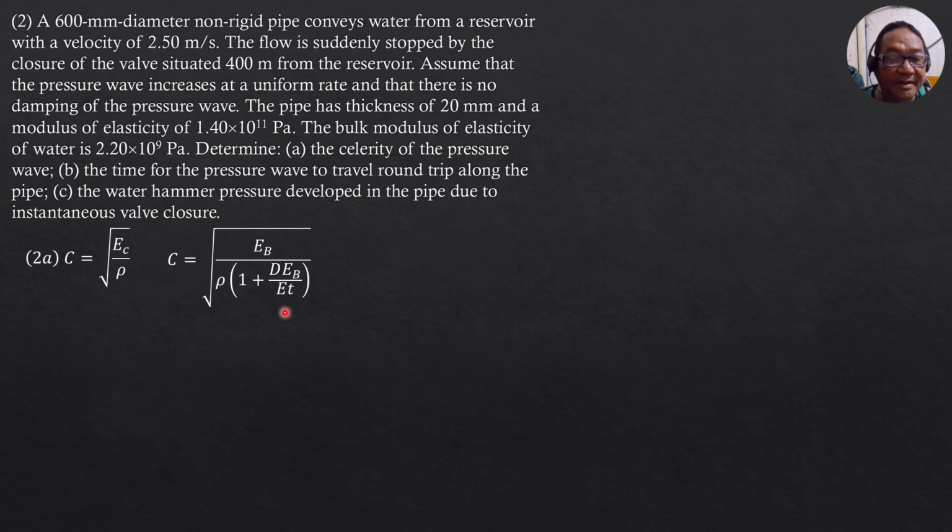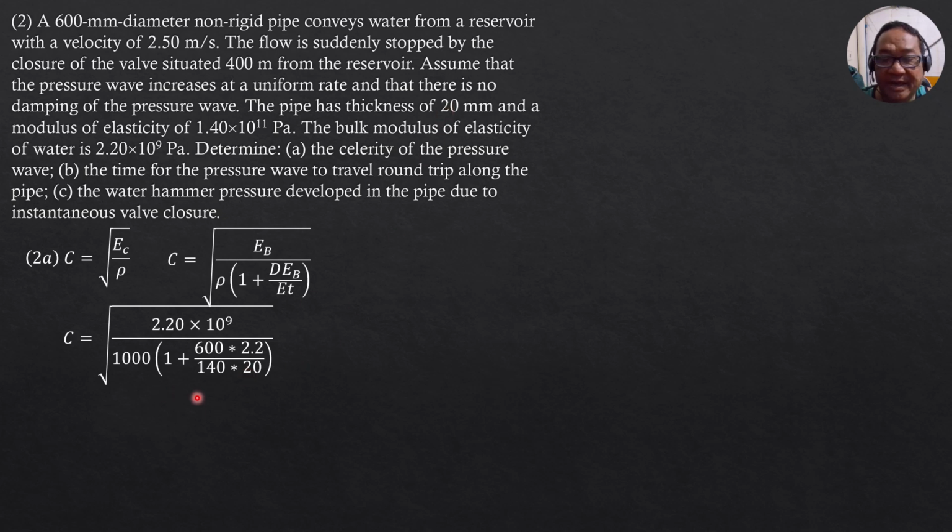So everything is given, so we substitute it into this formula. E sub B is 2.2 times 10 to the 9 pascals, then divide by density of water, of course, 1000, then times the quantity 1 plus diameter, which is 600 mm, E sub B 2.2 gigapascals, then divided by E of pipe, which is 140 gigapascals, so consistent 2.2 gigapascals, 140 gigapascals, diameter in mm 600, thickness of pipe wall in mm also 20 mm.